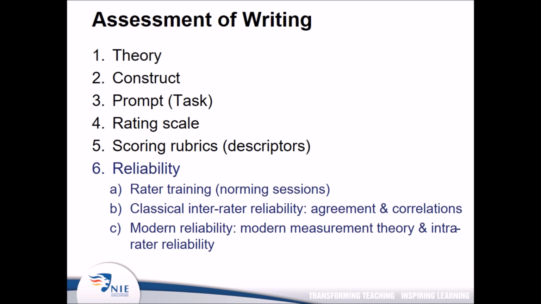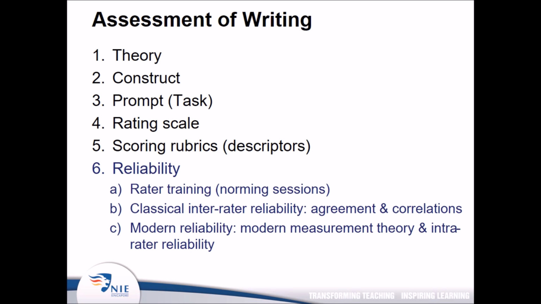So for an assessment of writing, we need to have a theory, and I've been discussing some theories, and I should remind you that theories are not really limited to what I have been discussing. There are many other theories that you can use and adopt in your assessments. Number 2 is construct.